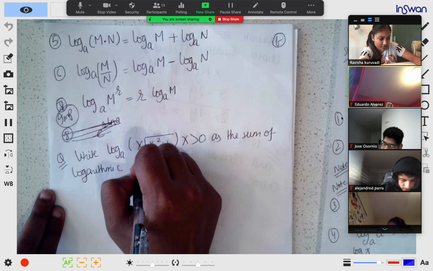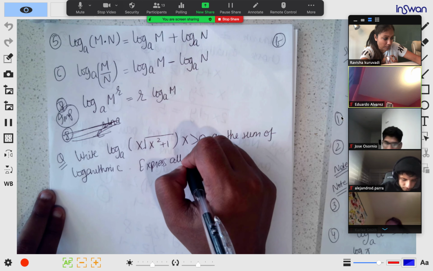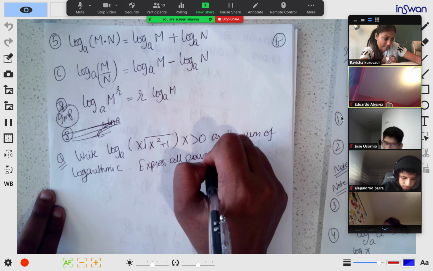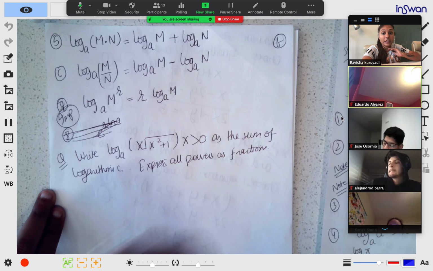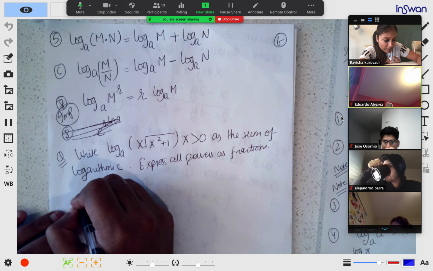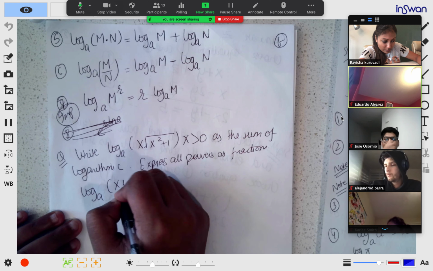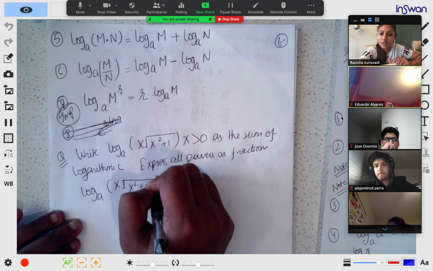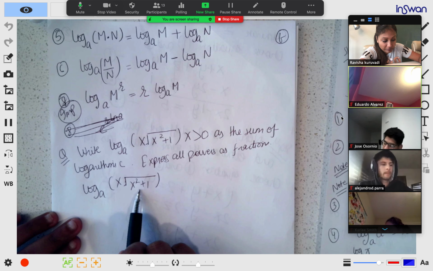Express all powers as fractions. Now you have to expand. So you are given log base a of x times square root of x square plus 1. Note you have two terms, x and square root of x square plus 1, and they are multiplying each other.